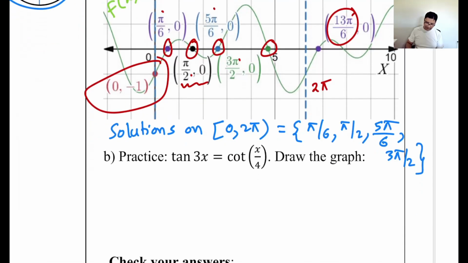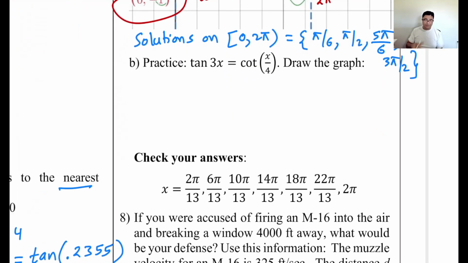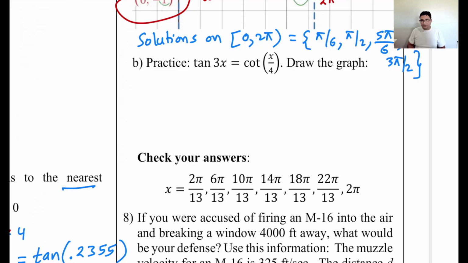Okay, and here's an opportunity for you to practice. I will ask you to do it. I'm not going to do it. Use any graphing tool that you have. As I said, you can use Desmos or a graphing calculator.